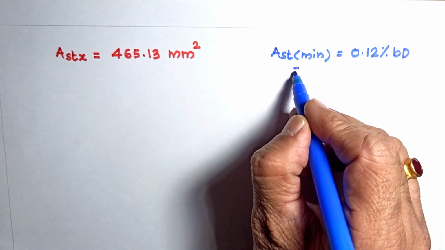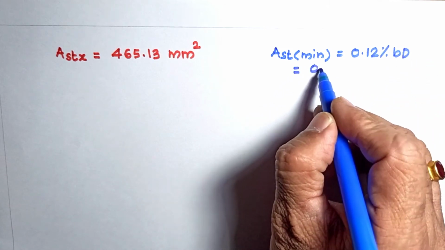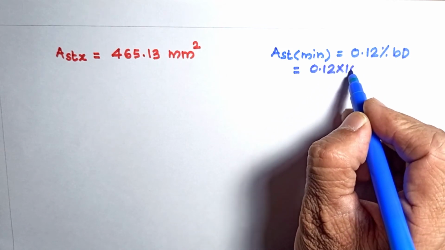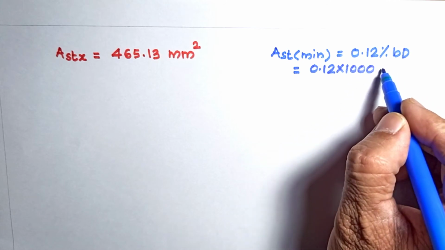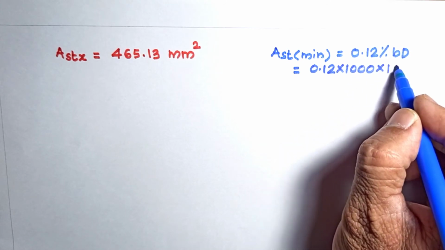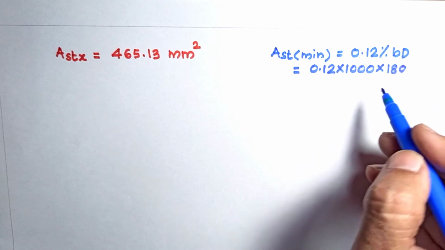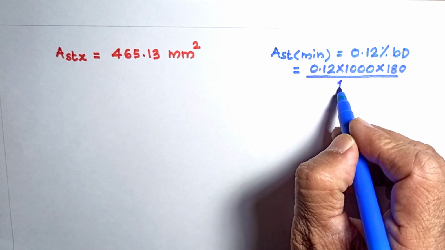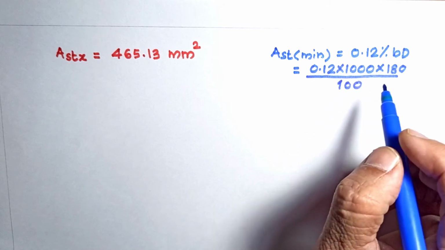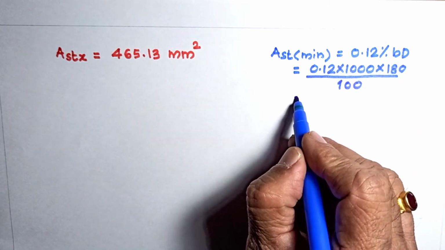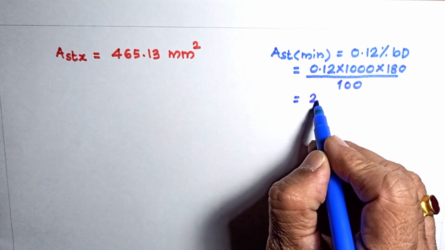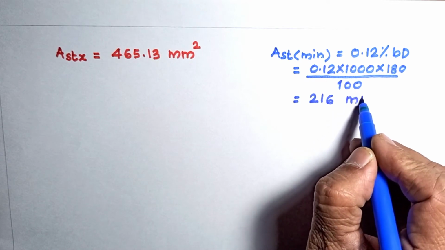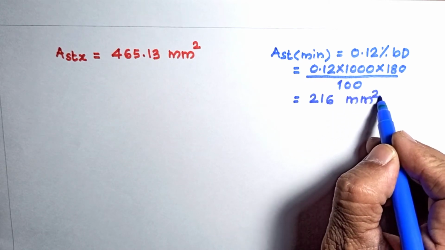So if you put the values, 0.12, b is 1000, D is 180, divided by 100 for percentage, which comes out to be 216 mm square.